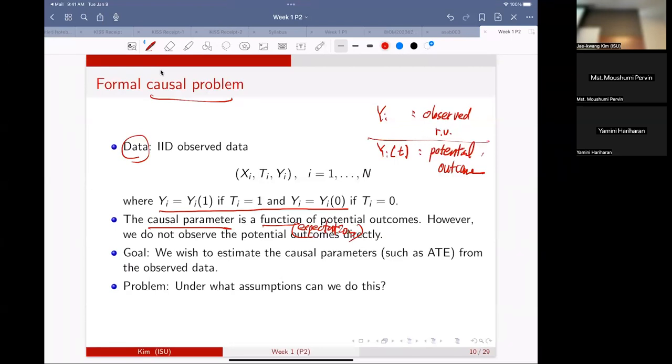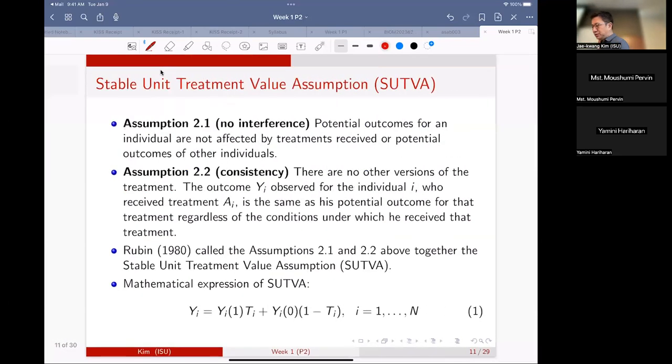So then we need to assume something. And what would be the assumption? Well, the first commonly used, widely accepted assumption is sometimes called the SUTVA assumption, the stable unit treatment value assumption. So assumption one is that potential outcomes for an individual are not affected by the treatment received or potential outcomes of other individuals. So it basically means independence, right?